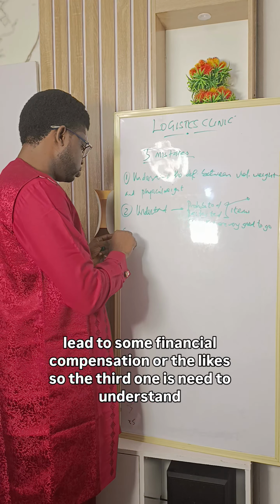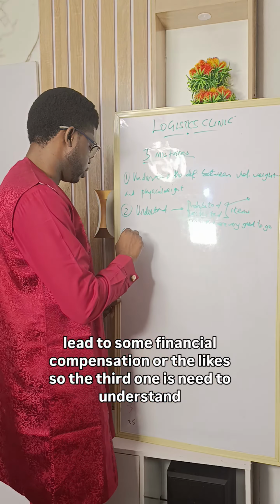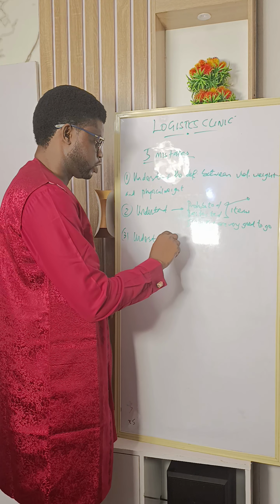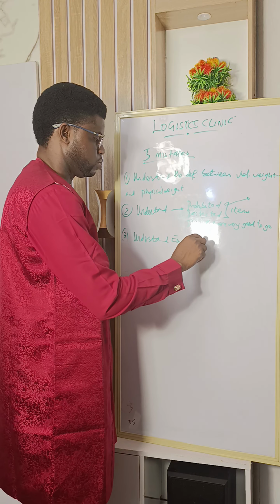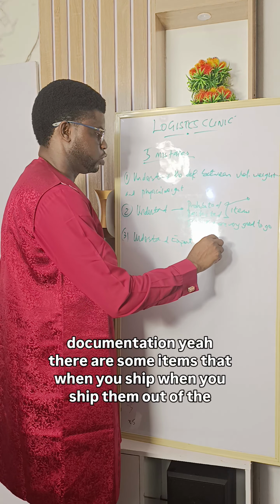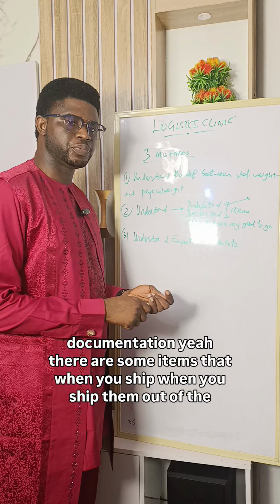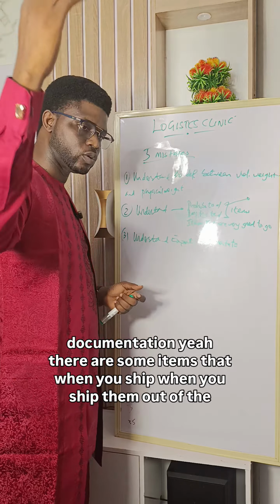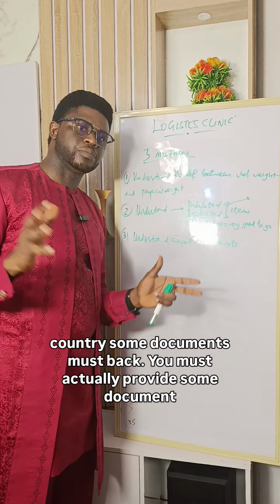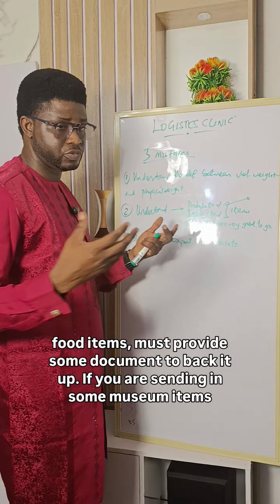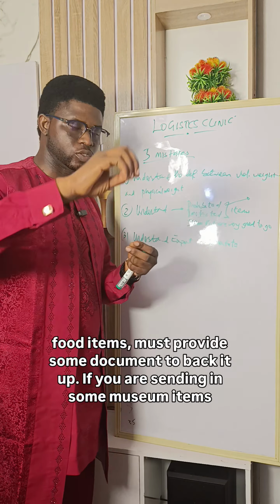So the third one is you need to understand export documentation. Yeah, there are some items that when you ship them out of the country, some documents must back them. Food items must provide some document to back them up.